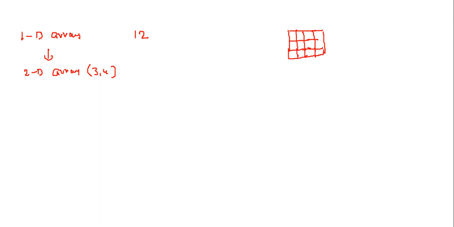Now, 3 rows and 4 columns means how many elements do you want? You want 12 elements. How many elements are at your hand? You have 12 elements in your one-dimensional array. So definitely you can convert a one-dimensional array of 12 elements into a two-dimensional array of size 3 by 4. A 3 by 4 array requires 12 elements, and you have 12 elements, so it is possible.